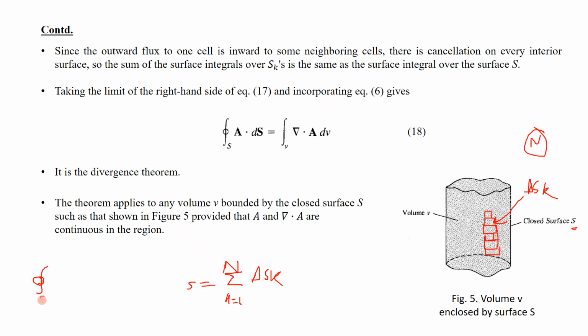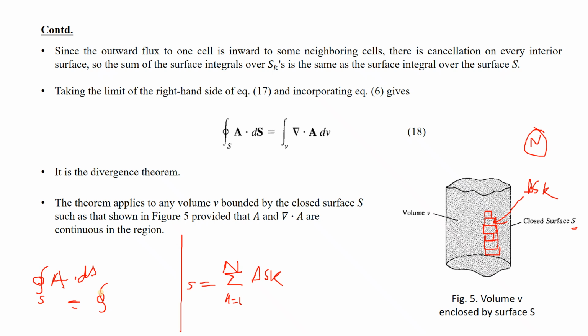Now using this concept, if you have the closed surface integral of a vector, okay, so that means if you separate this particular vector from this surface area, तो क्या लिख सकते हैं?